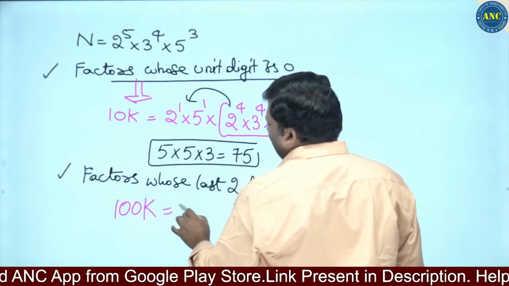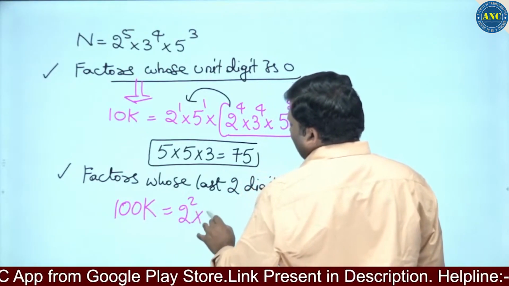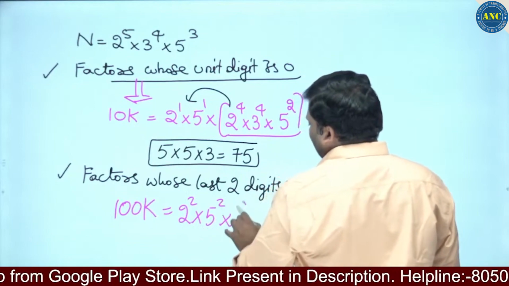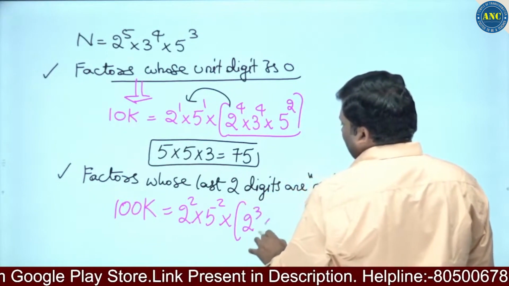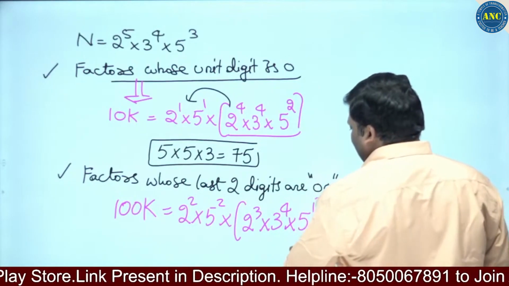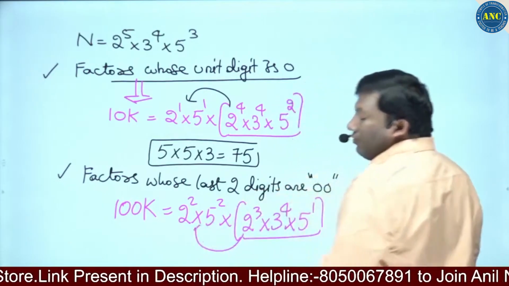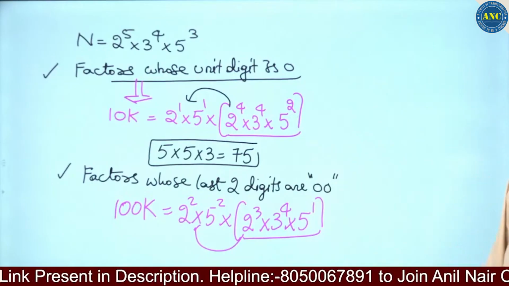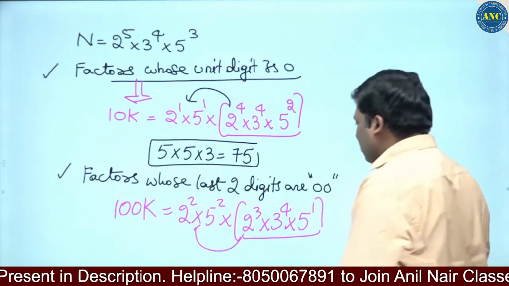So it is 100k. 100 is 2 square into 5 square. Remaining it is 2 cube, it will be 3 power 4, it will be 5 power 1. These are the numbers which are getting multiplied by 100, and therefore the last two digits are 0 0.